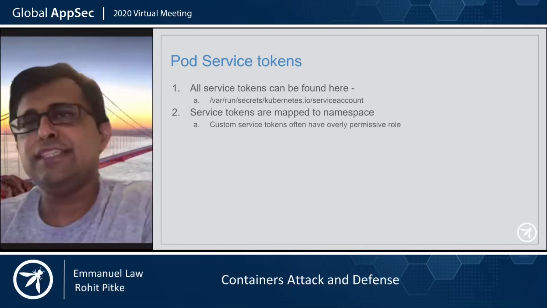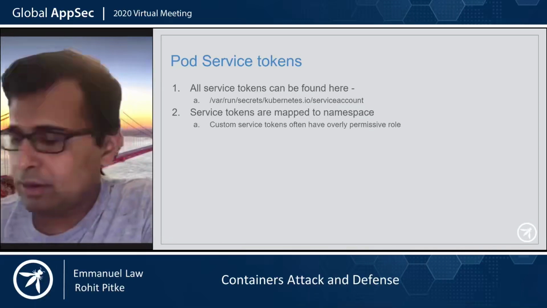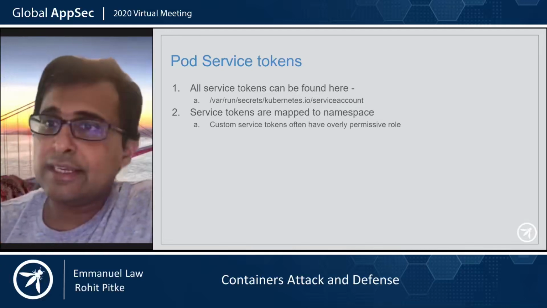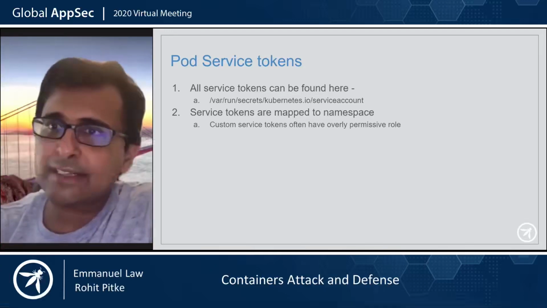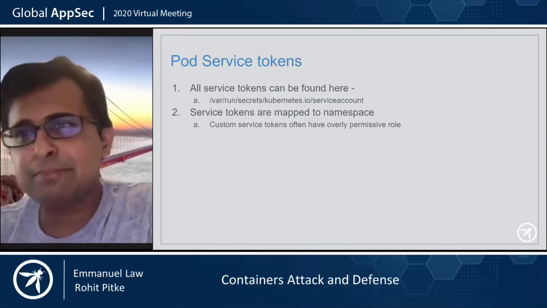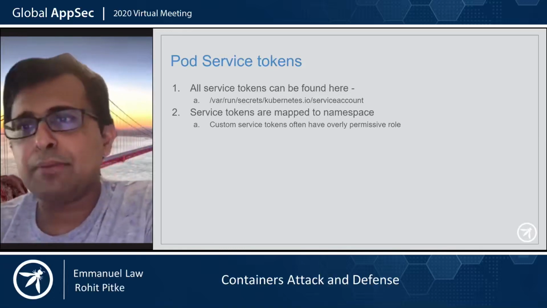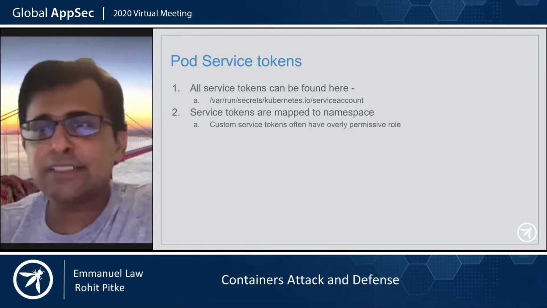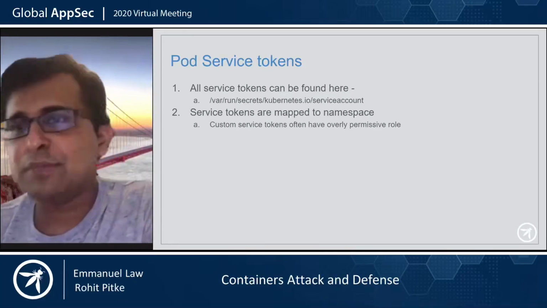Now, the overall issue that we have seen in general is that custom namespaces can create custom service tokens, and oftentimes your DevOps pipeline or people who want faster deployment give these custom service tokens a more permissive role.